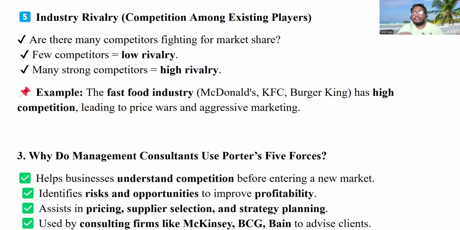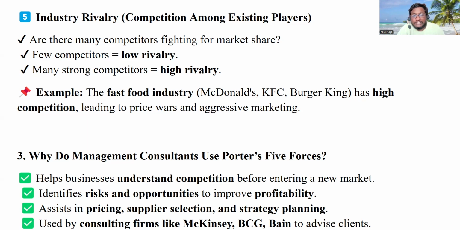So if I want to enter a new market as Nikil Solutions, say the UK, USA or UAE market, by employing Porter's five forces concept, I can analyze the competitors and the five forces which can be a threat to my business. That is the reason why management consultants use this concept.